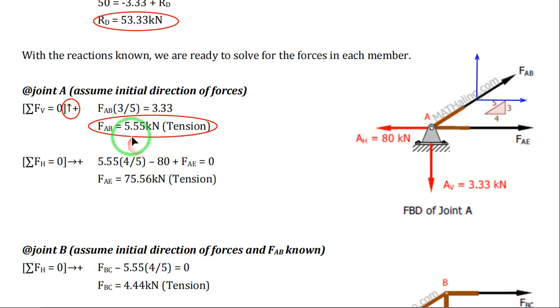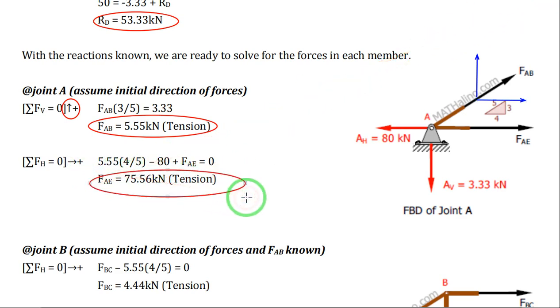Your FAB is 5.55, your cosine of theta is 4 over 5, minus 80. Since 80 is going to the left, that's minus, plus your FAE is going to the right, so that is plus FAE equals 0. So your FAE is equal to 75.56 kilonewton, which is in tension.